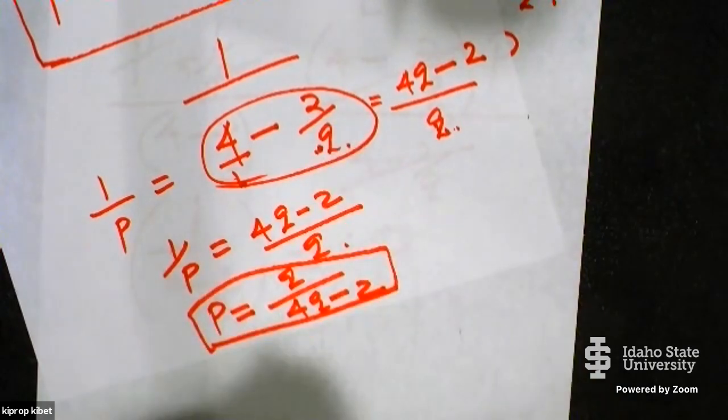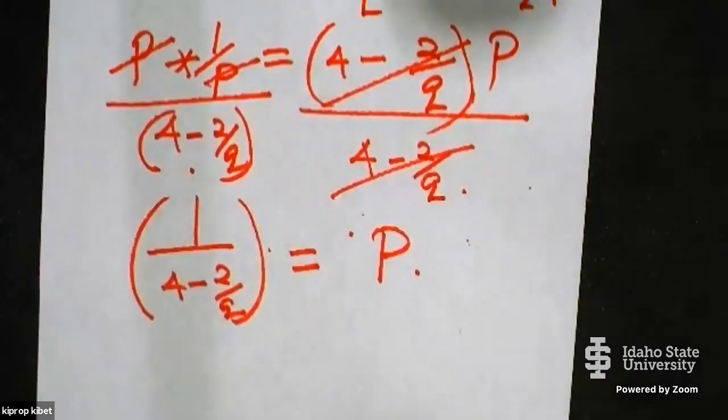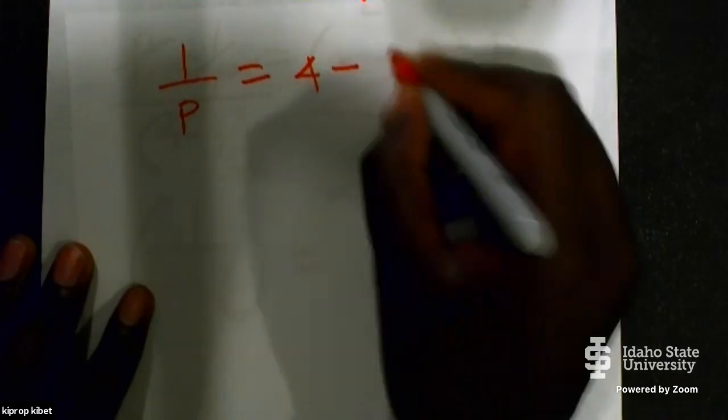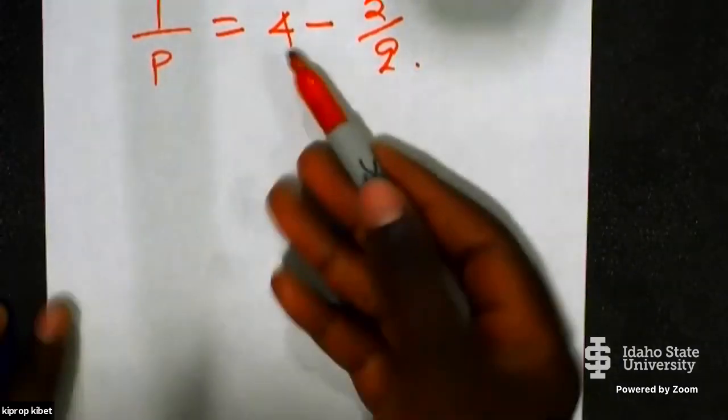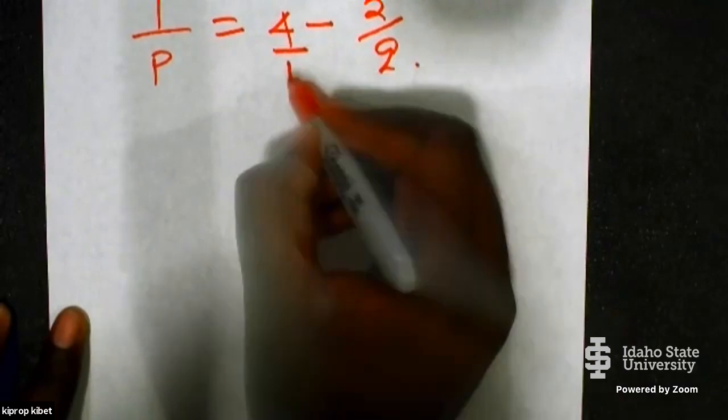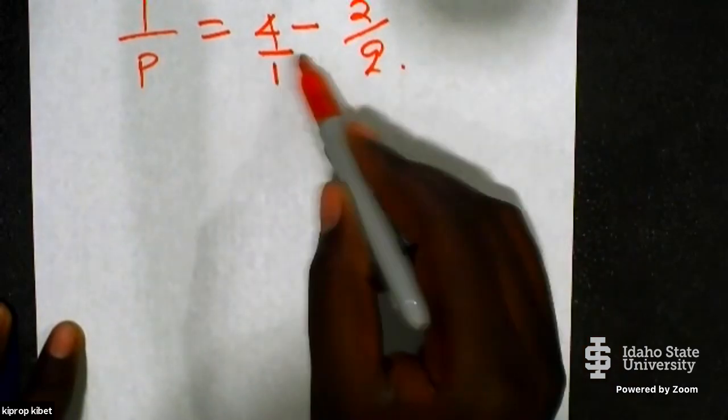Okay, let me repeat it. So we had 1 all over p equals 4 minus 2 all over q, right? Now, here we have 4 all over 1. So we can simplify this.